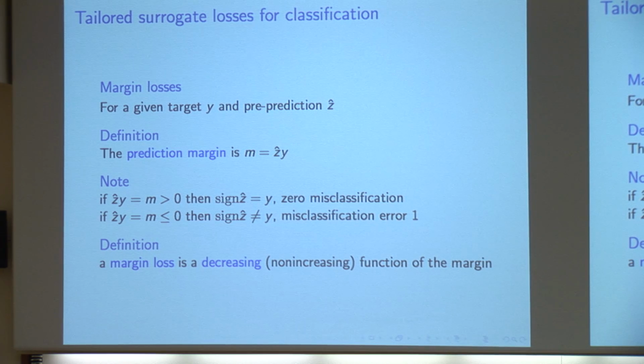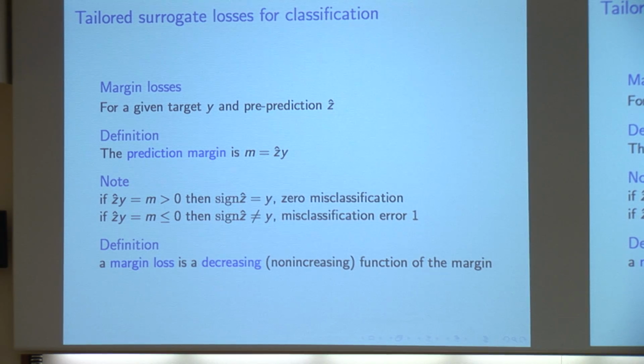It's actually a very simple idea. Remember, in this setting, we're assuming that the scalar target is a ±1 value. We've got some target ±1 value, and our linear model is learning some pre-prediction, which is any real number. The prediction margin is defined to just be the product of those two numbers, which doesn't do anything fancy. If you wanted a positive target and your z hat is positive, and you multiply them, that's positive.